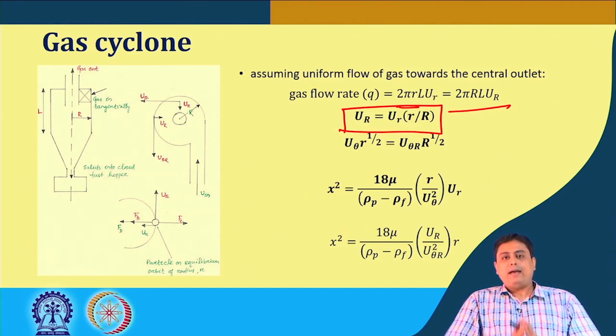So, whatever is happening at an arbitrary small r position, we have now found expressions relating to that position with some known quantities.